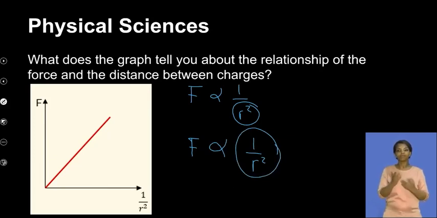So 1 over r squared is actually directly proportional to F, or F in principle is directly proportional to the reciprocal of the square of the distance between the charges. Hence, we get that linear graph. So when 1 over r squared increases, then the force will also increase. So this is the main idea in as far as the distance as well as the product of charges, and as far as Coulomb's law is concerned, right?